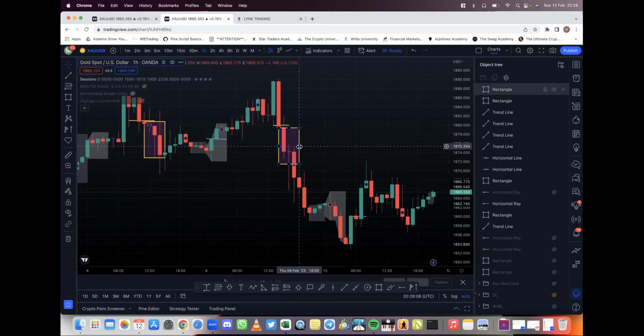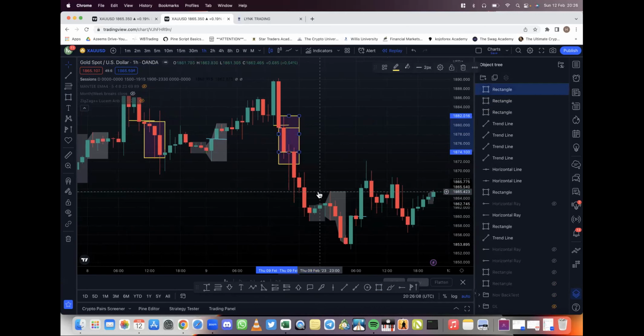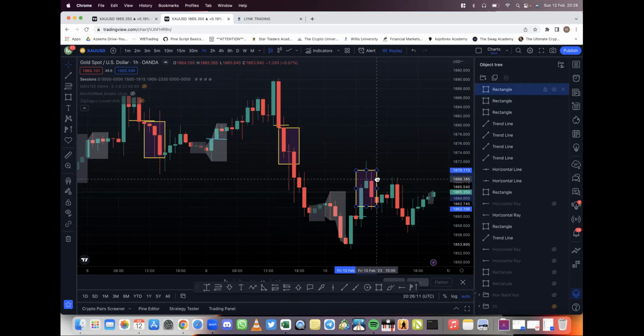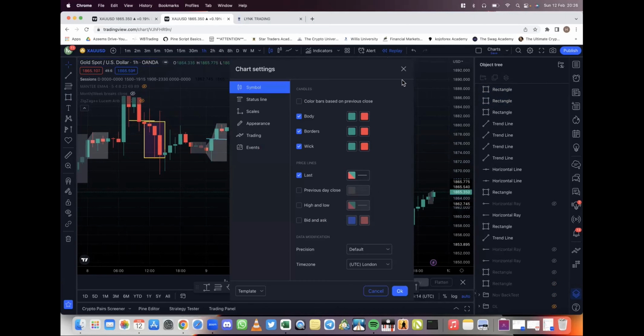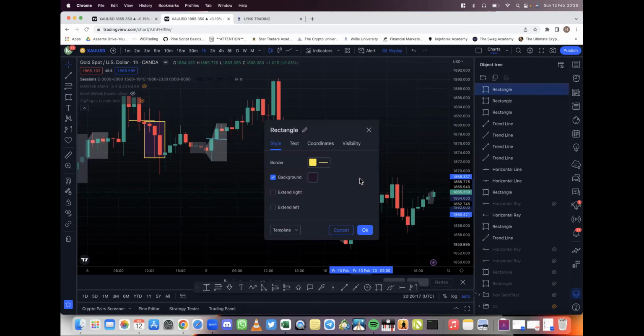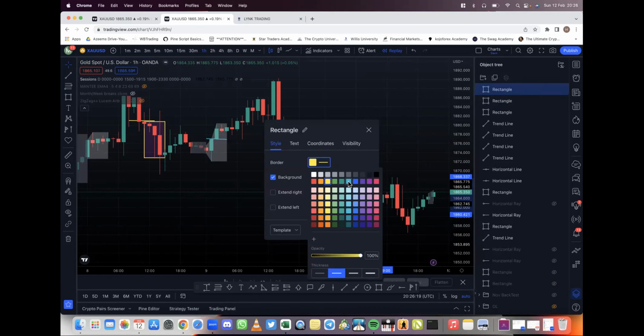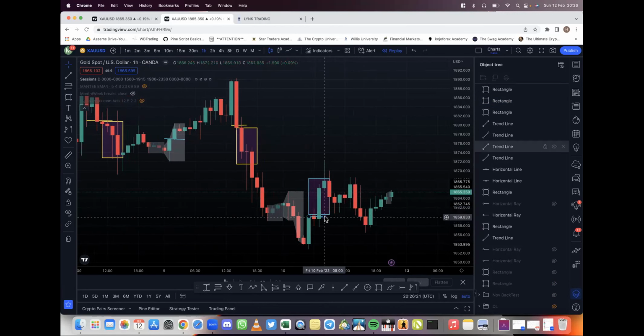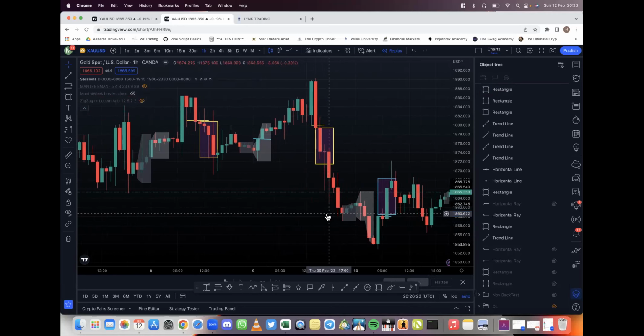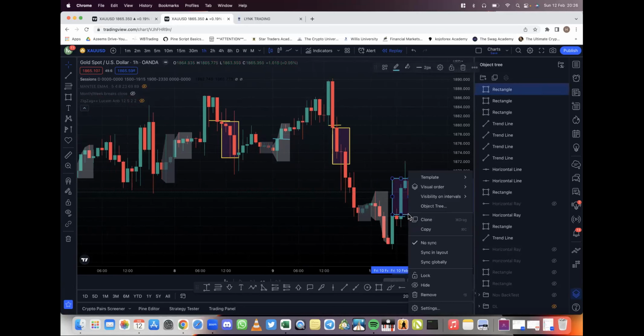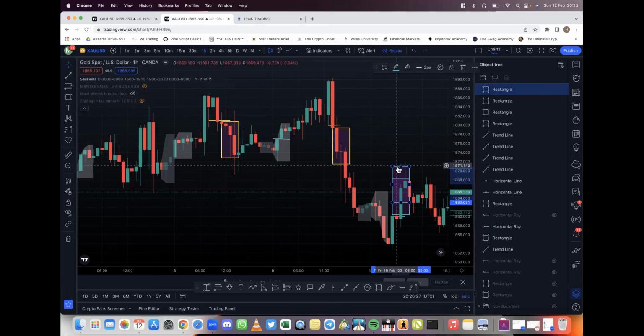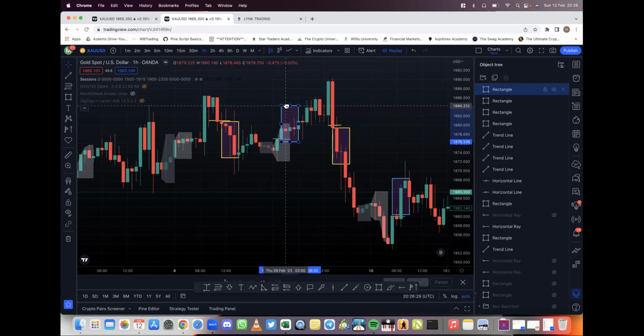And then let me clone this and make it another color, because from here, sorry, we can trade to the top. So there. And then let me clone this. Where's the other one? Oh, there. Clone. So from here, we can possibly trade to the tops here.